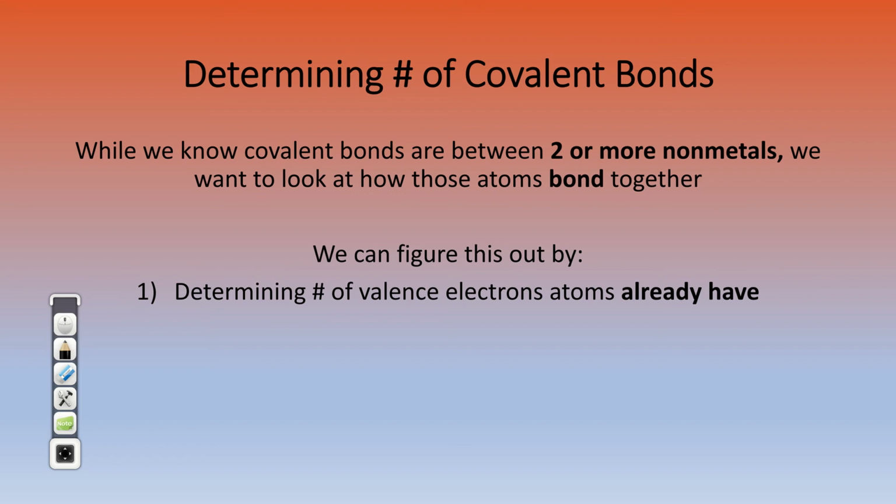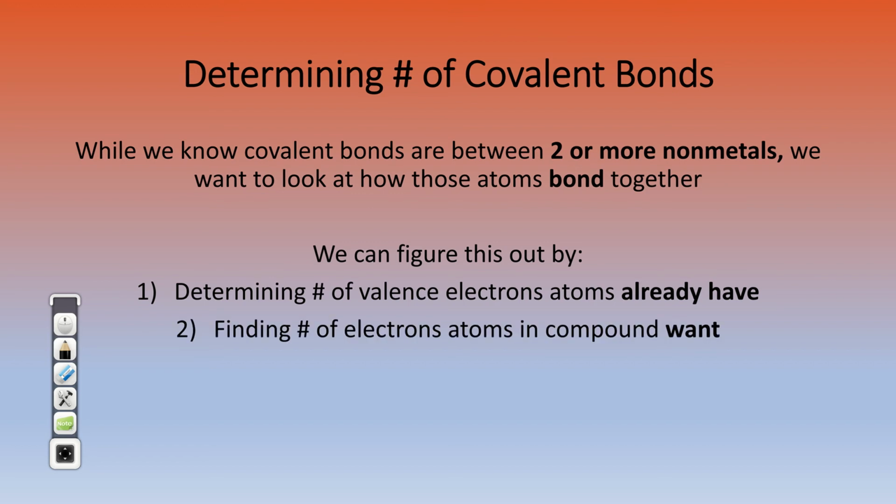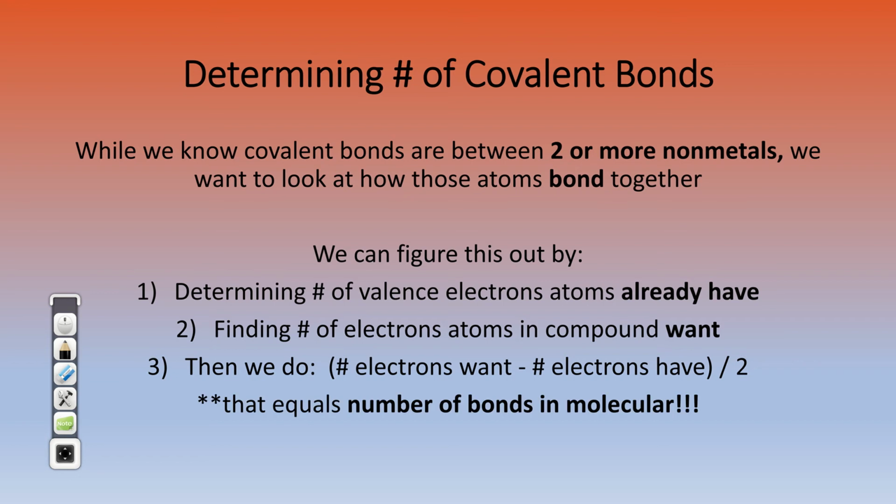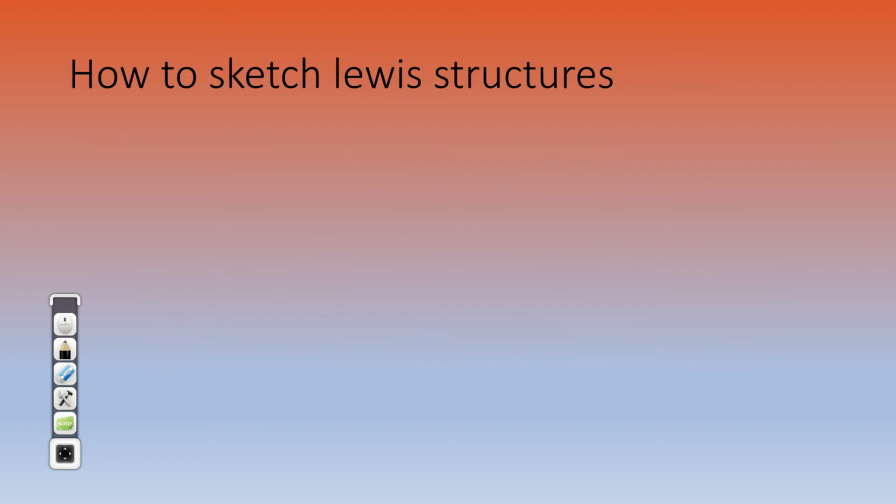So determine the number of valence electrons the atoms already have. Find the number of electrons the atoms in the compound want. And again, wanting is, we know all atoms want to have 8, other than hydrogen, which would have 2. So the number of total electrons that the compound would want, based on all the atoms, minus the number of electrons that they have, divided by 2, that'll give us the number of bonds in our molecular structure.